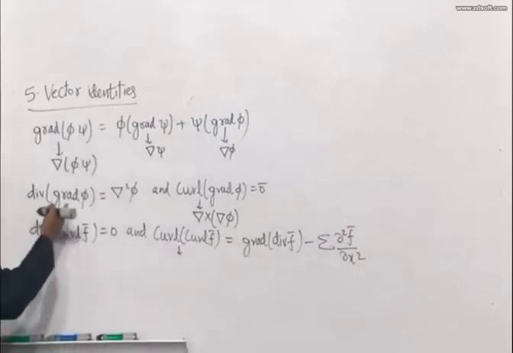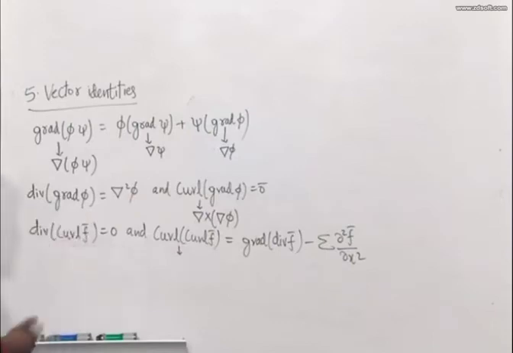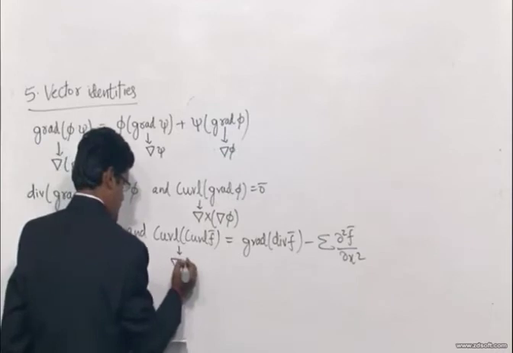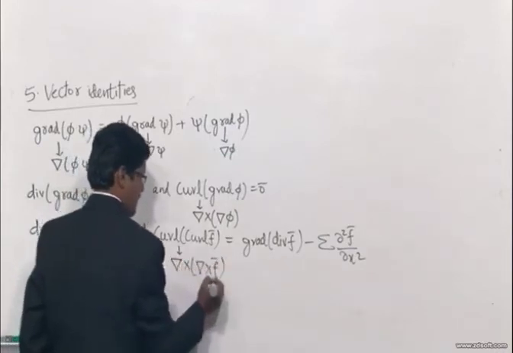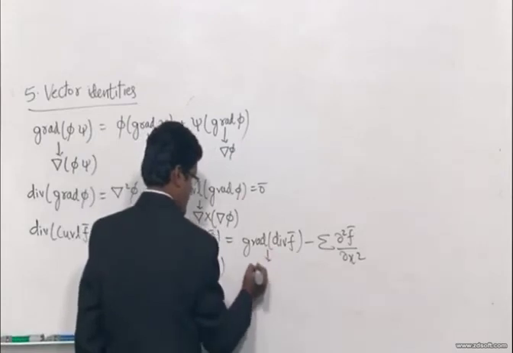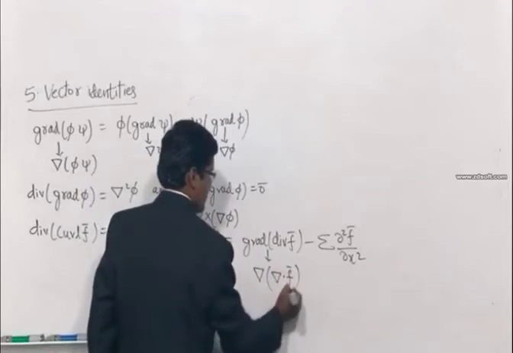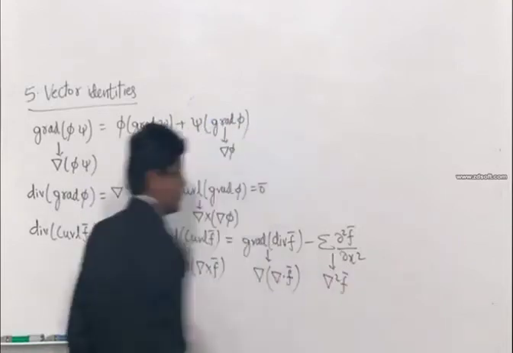Similarly you write other results in the same way. Grad means del, div means del dot f bar. This is the Laplacian operator del square f bar.